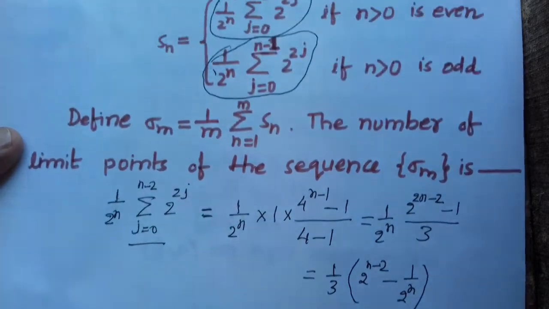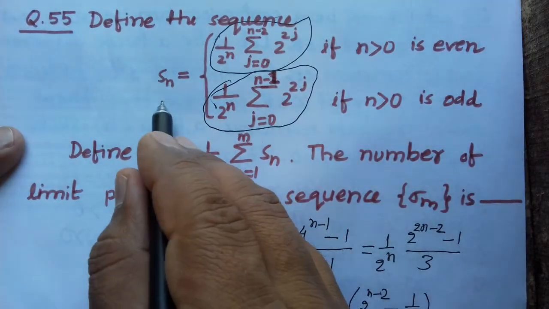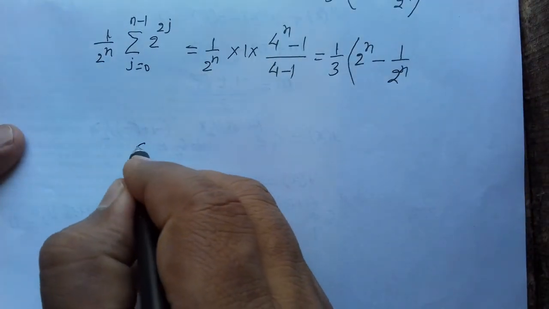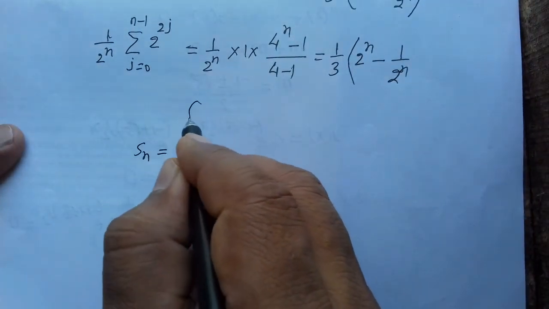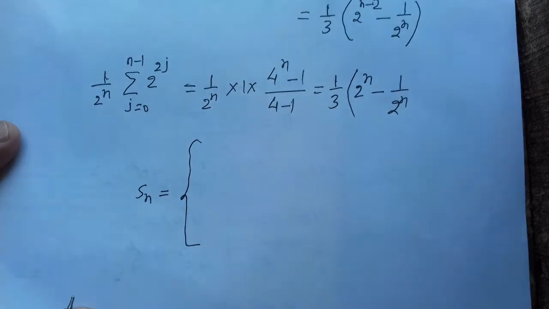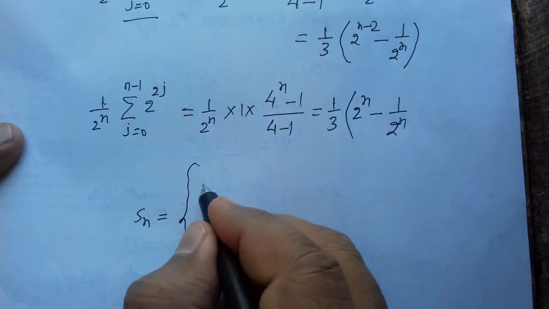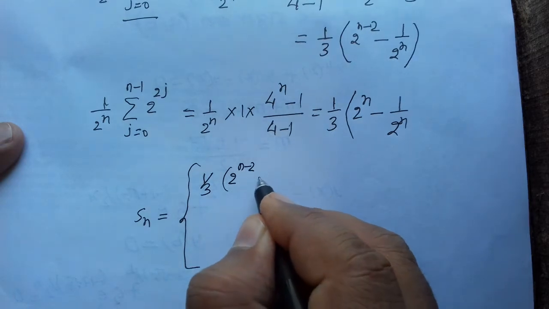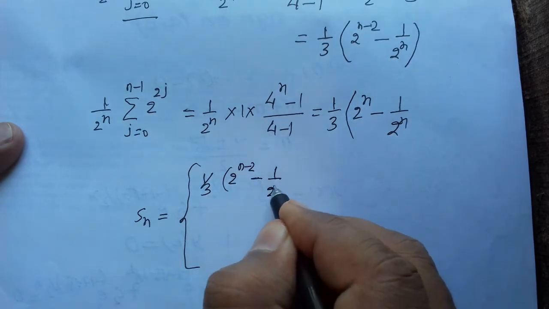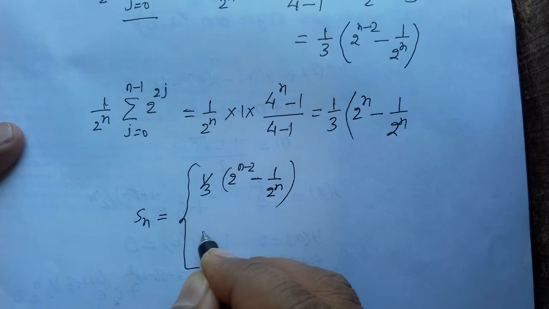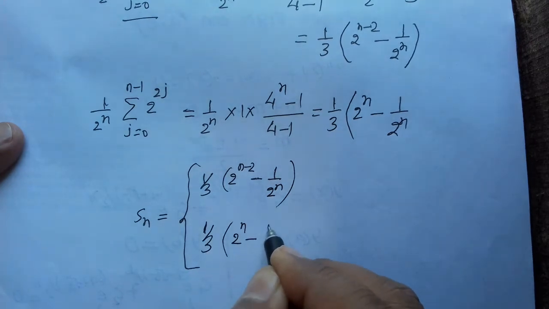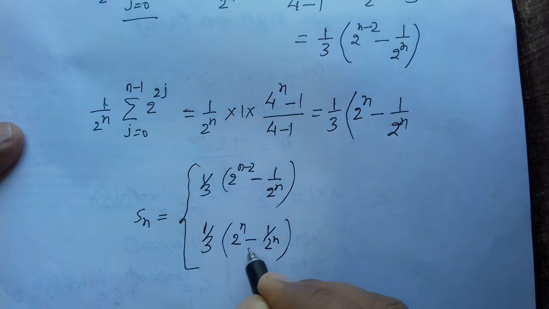So this sequence can be modified now as you see here. The first one is 1 by 3 times (2 to the power n minus 2, minus 1 by 2 to the power n), and here 1 by 3 times (2 to the power n minus 1 by 2 to the power n).